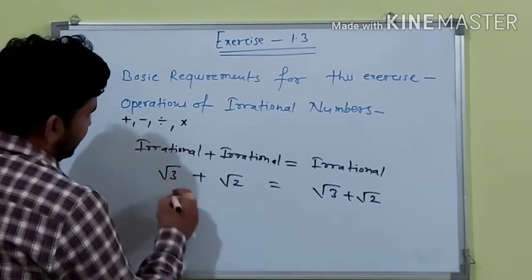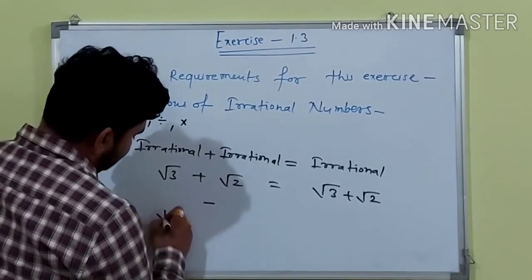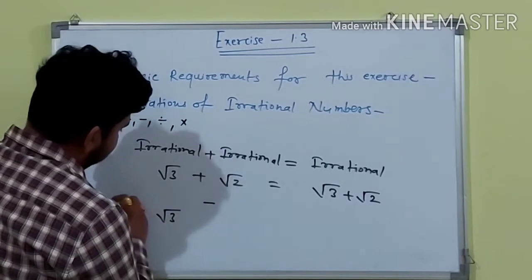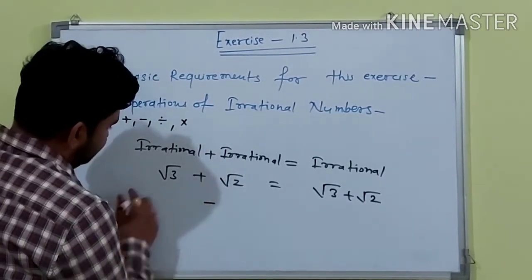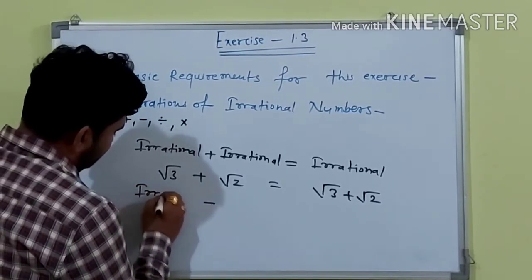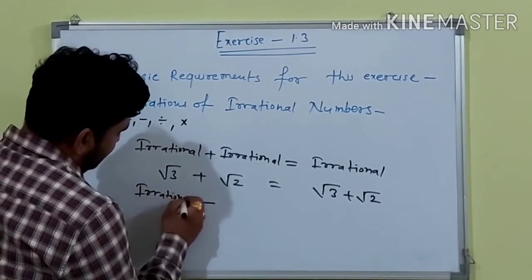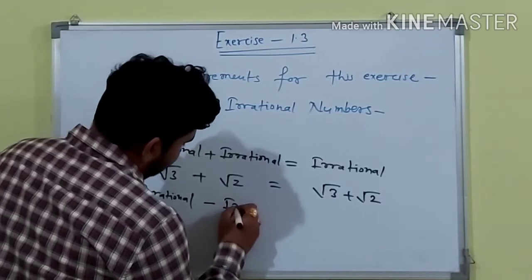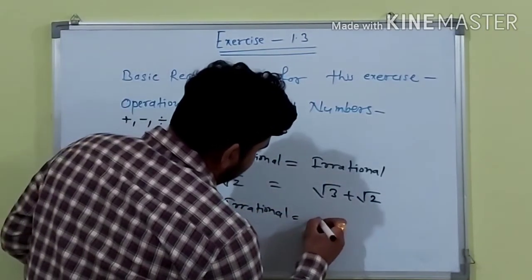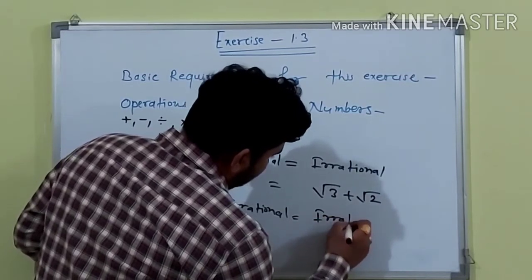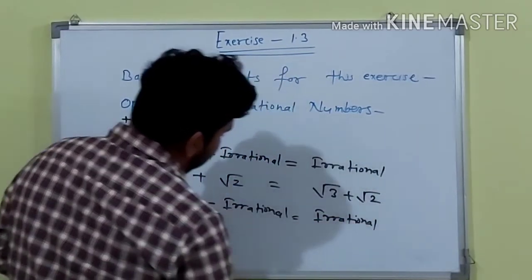Same as for the subtraction: irrational minus irrational is equal to irrational.